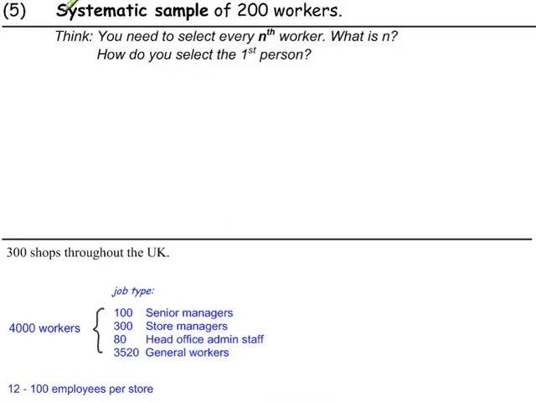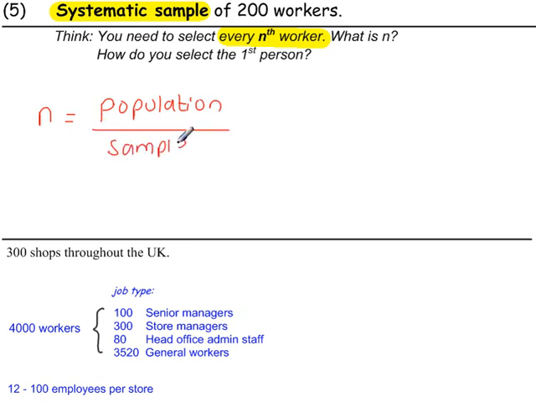And moving on to the last sampling method, systematic sampling. This is where you select every nth worker. Now there's a formula that gives you the value of n. N is equal to the population size divided by the sample size.